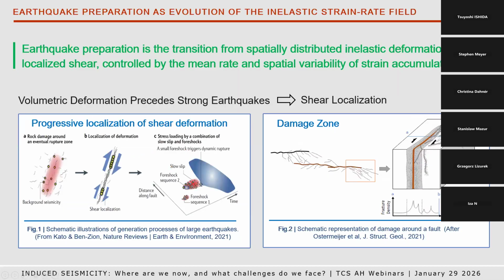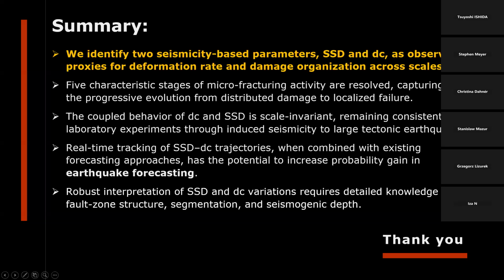And this is all that I want to say. To summarize, earthquake preparation is the transition from spatially distributed inelastic deformation to localized shear controlled by the mean rate and spatial variability of strain accumulation.